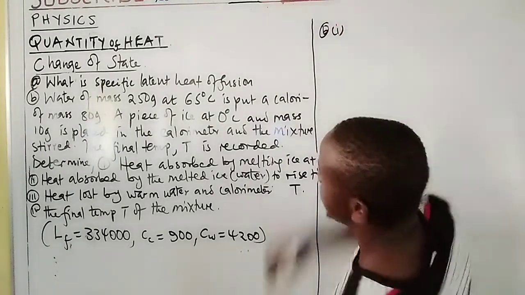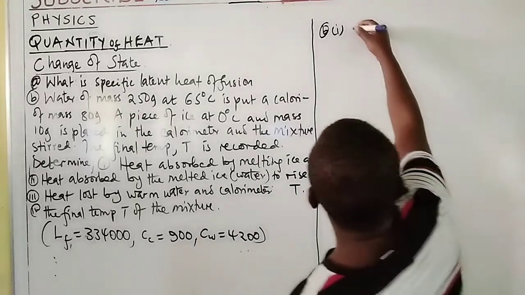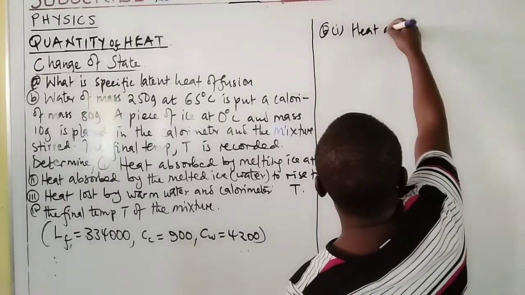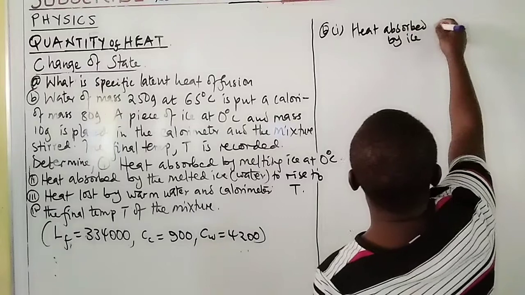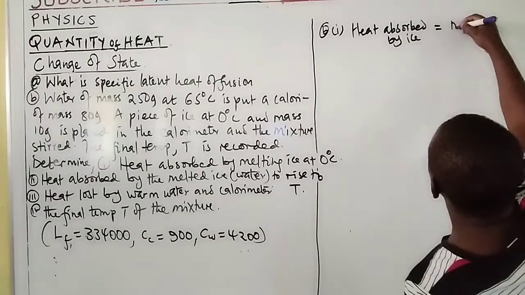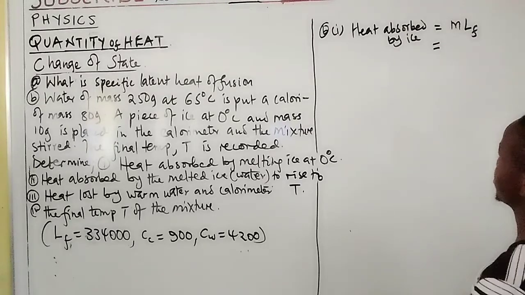Part B, Roman 1, the heat absorbed by the melting ice. The heat absorbed by the melting ice will be the mass of the ice times the latent heat of fusion, because there will be no change in temperature.